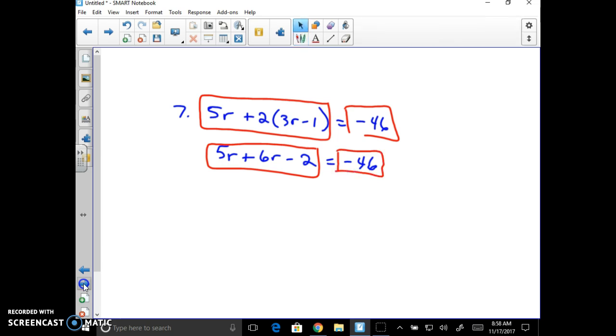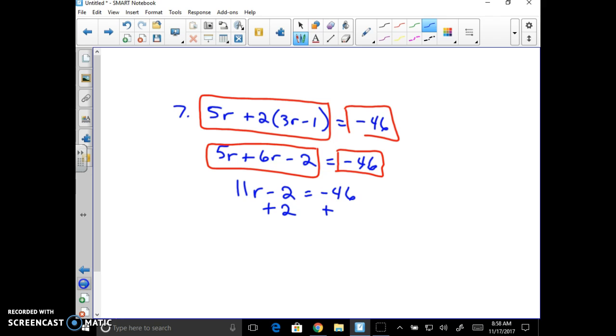So we have 5r plus 6r is 11r minus 2 equals negative 46. Start moving your like terms together. Let's see, negative 46 plus 2 is negative 44. Divide both sides by 11. R equals negative 4. Make sure you check it.